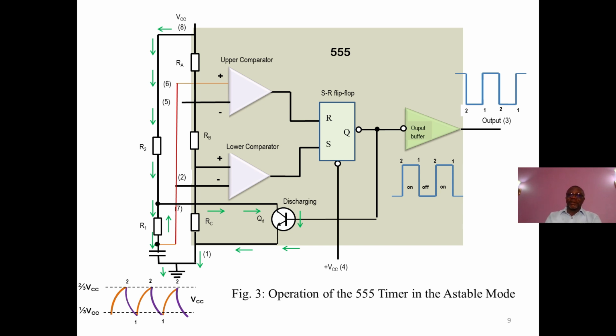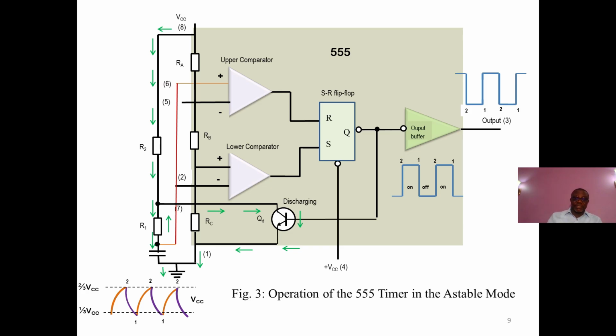This sequence creates a discharge path for the capacitor through R2 and the transistor as indicated using the small green arrows. The capacitor begins to discharge because it has charged, and it starts discharging the content.